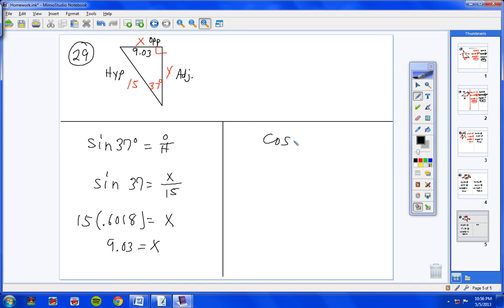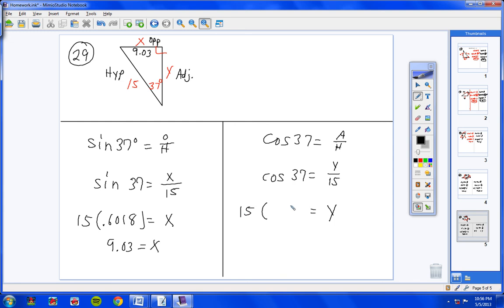Okay, the cosine now of 37 degrees. Cosine equals adjacent over hypotenuse, that is an A right there, and that's an H. And so then we'd say the cosine of 37 degrees equals adjacent, which is y, over hypotenuse, which is 15. Now we're going to multiply the right side by 15. Your 15s would cancel, leaving you with y. You're going to multiply the left side by 15, which is 15 times cosine of 37.